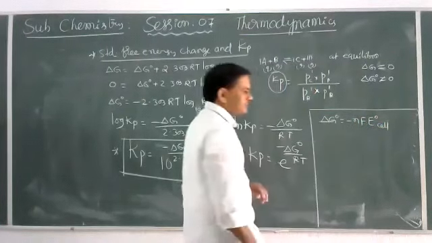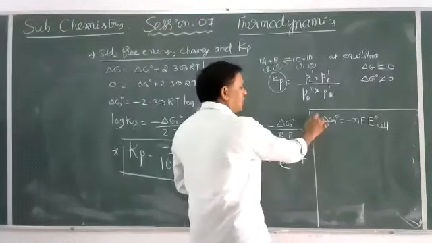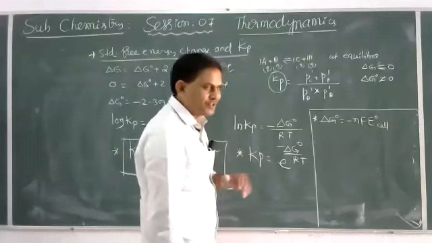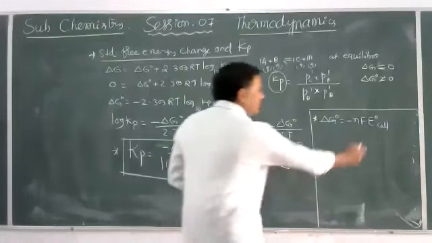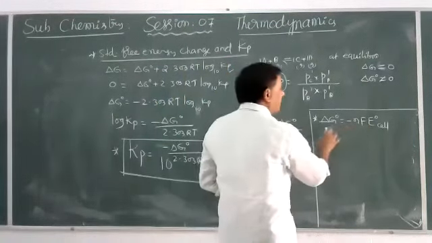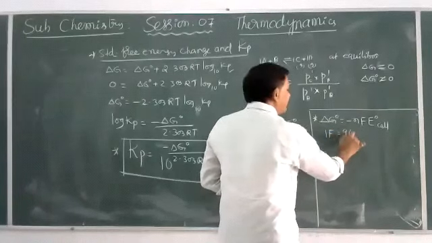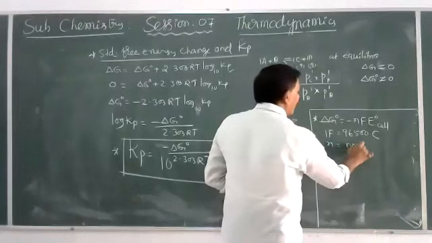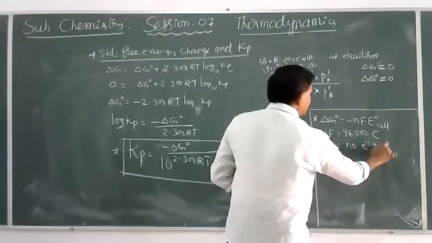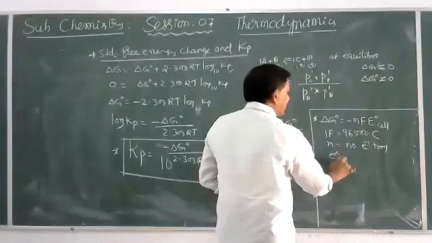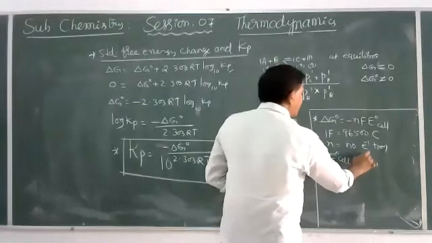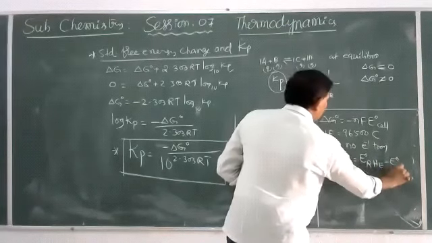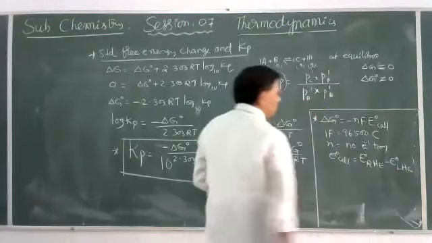This is based on the Nernst equation. Here E is the EMF of the cell, and F is the Faraday, 1F equals 96,500 coulombs. n is the number of electrons transferred. E naught cell is the EMF of the cell, E naught right hand side electrode minus E naught left hand side electrode.